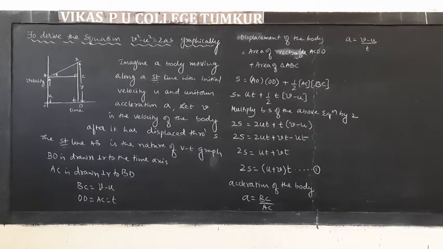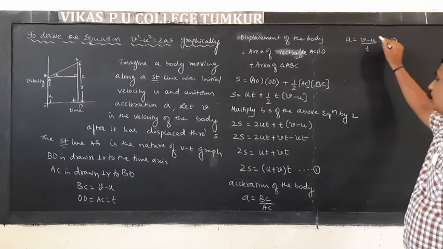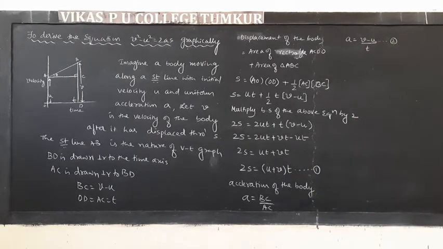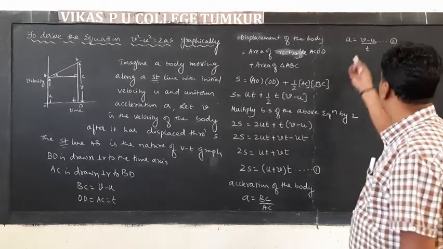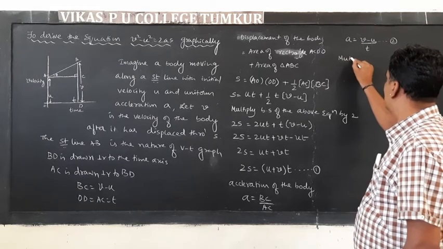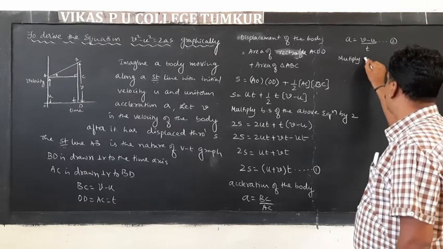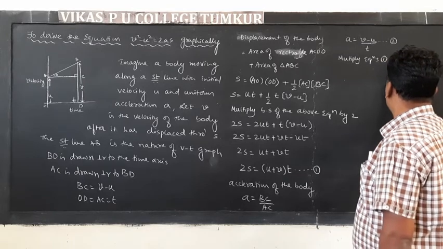So I will substitute for BC and AC. I will call this equation number 2. And I will multiply equations 1 and 2.